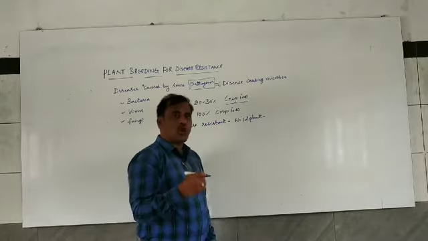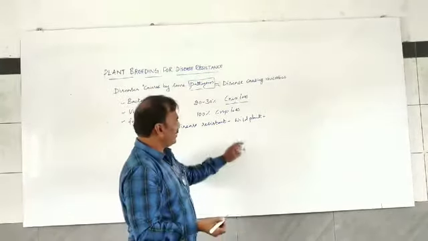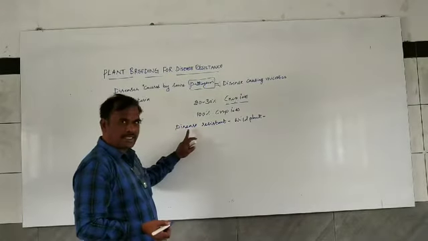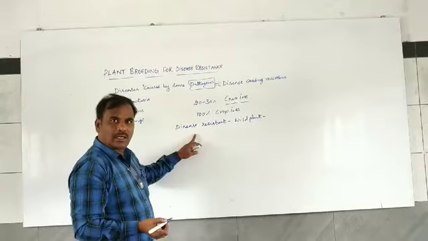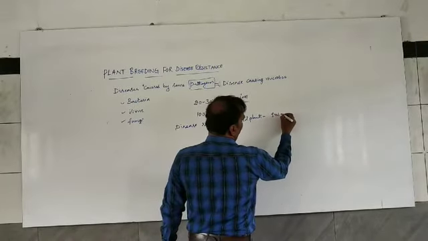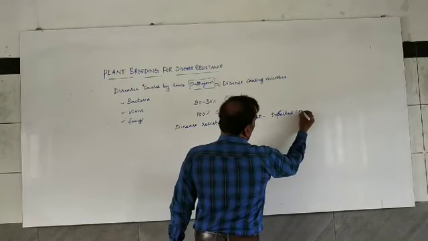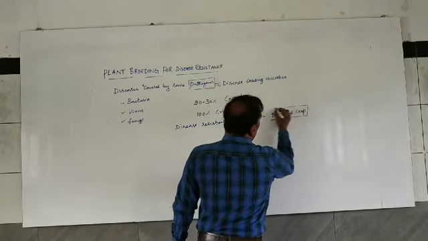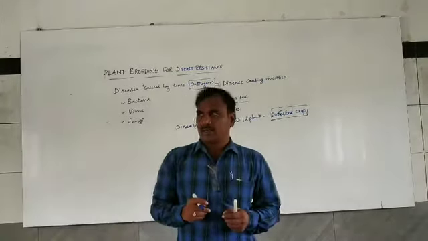Then it is incorporated into the expected crop. The desirable character is disease resistance, which is incorporated into the plants. Then we can develop the disease-resistant variety.